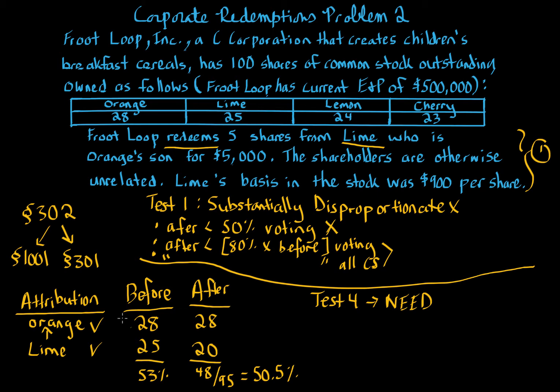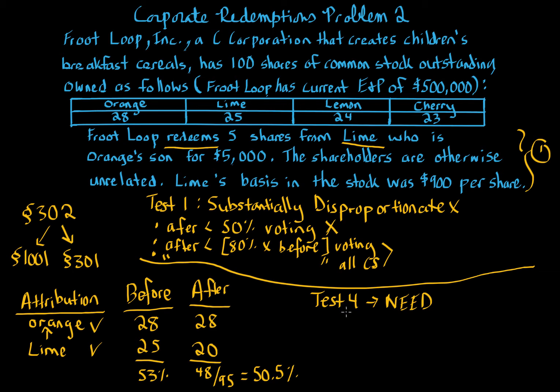Well, under attribution, Lime actually owns more than 53% before, and after still owns more, still controls. Okay? So this is not a concert issue. Revenue ruling 75-502 deals with a situation where there's only 2 shareholders and a shareholder goes from 57%, so more than 50%, to equal to 50%.